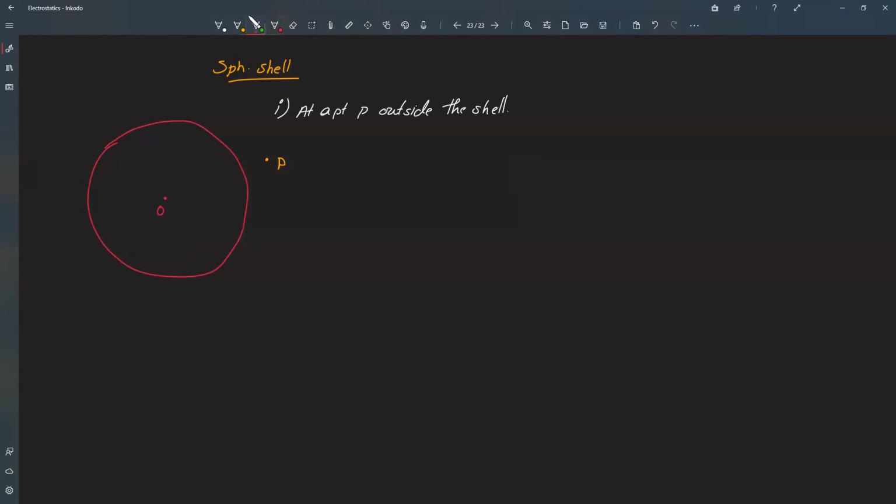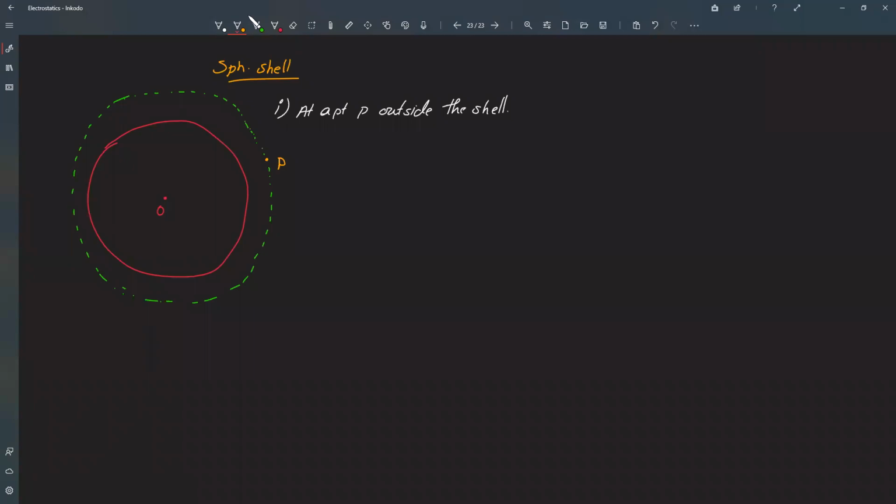You have to come up with a Gaussian surface, and you choose that surface in such a way that the electric field at any point is constant and has the same direction with respect to the area vector. So we take an imaginary spherical surface, concentric with the center of the given sphere. That will be the Gaussian surface.